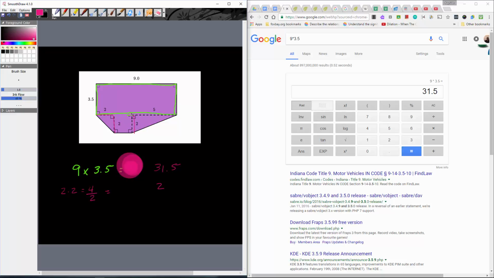So this is 2 by 5. I'll do the same steps. 2 times 5 equals 10. And then 10 divided by 2 equals 5. So this here is 31.5. This here is 2. This here is 5.